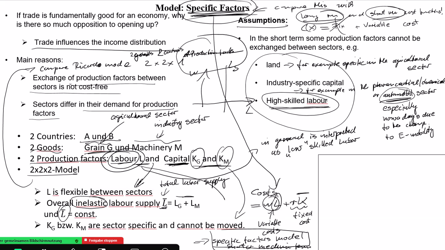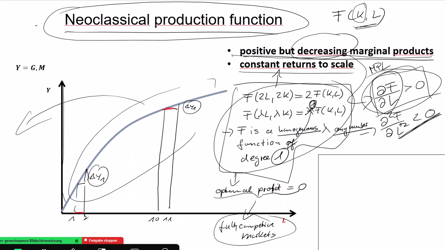But what we assume is that here labor is totally flexible, that everybody can work in both sectors. And having this, also our positive but decreasing marginal products and our constant returns to scale neoclassical production function.